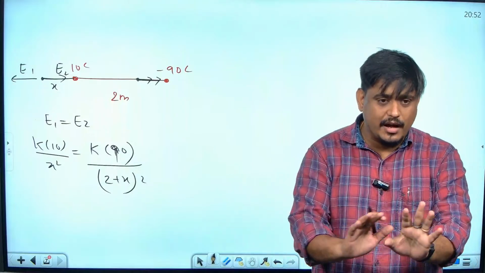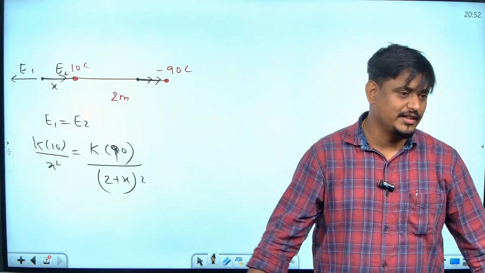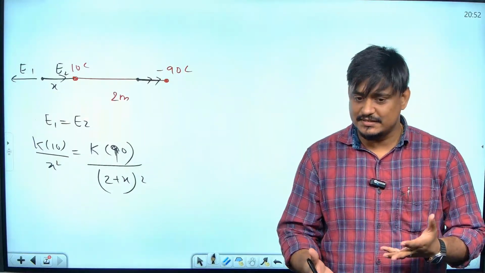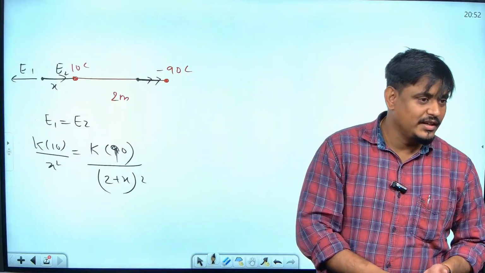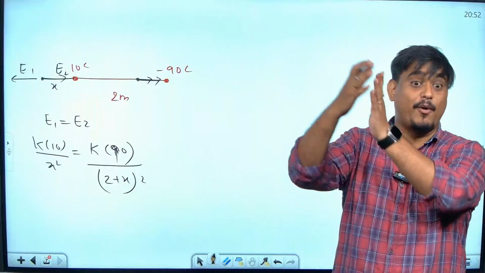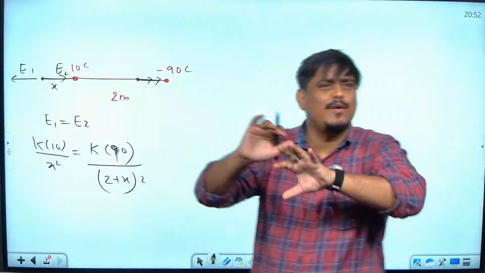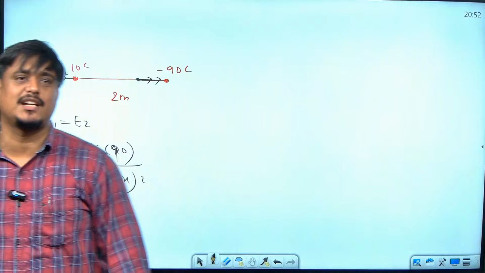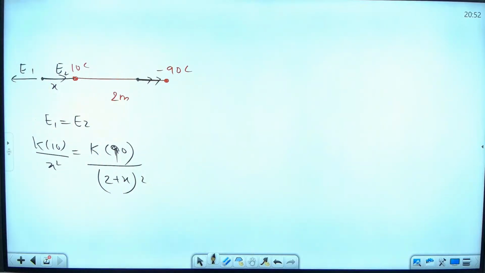I hope you are clear on how questions can come from electric field: balancing, time period of fall, different point charges, and finding the point where the electric field is 0. These are the various places from where questions are coming in the examination from the electric field due to a point charge or multiple charges. Is it clear to you?